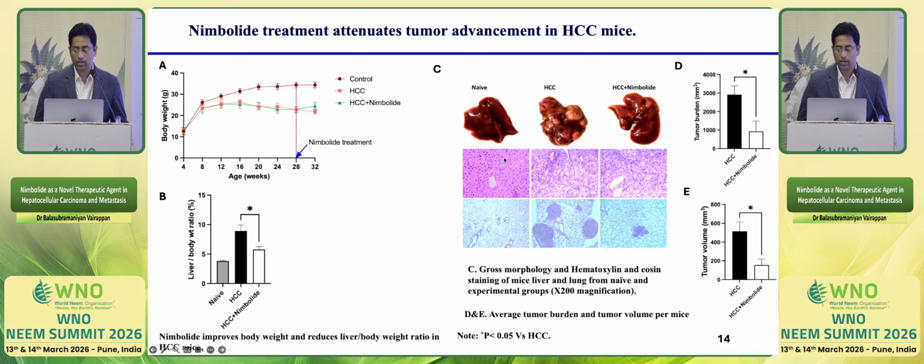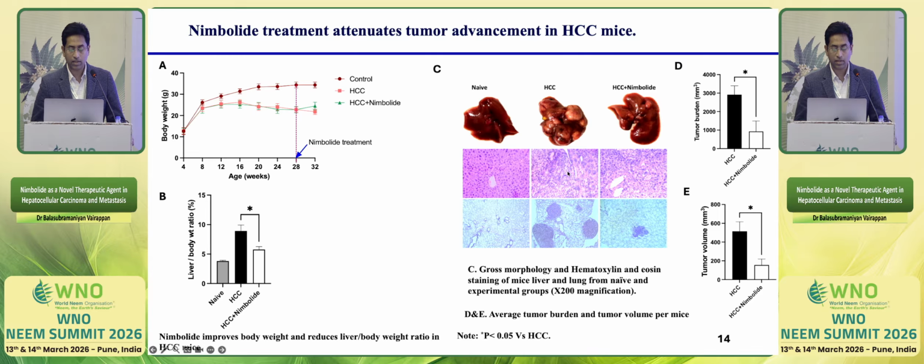This is the gross morphology appearance, and you can see in the HCC group there are multiple nodule formations compared to the control. With nimbolide treatment, the nodular formation was significantly reduced. And this is the histological observation from control, nimbolide-treated, HCC, and HCC animals treated with nimbolide.